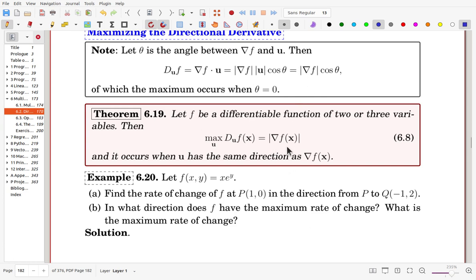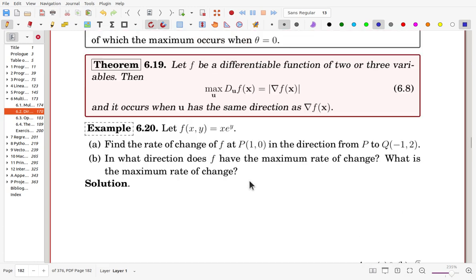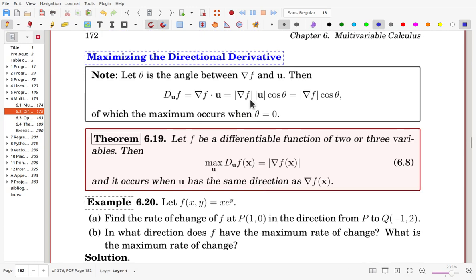We are using the absolute value sign here, but it is basically the norm, the Euclidean norm. And this occurs when u has the same direction as the gradient. So we already observed it from here.